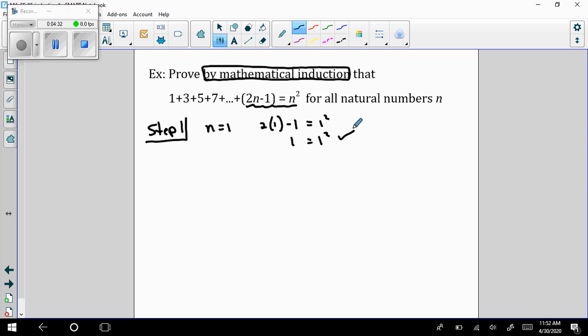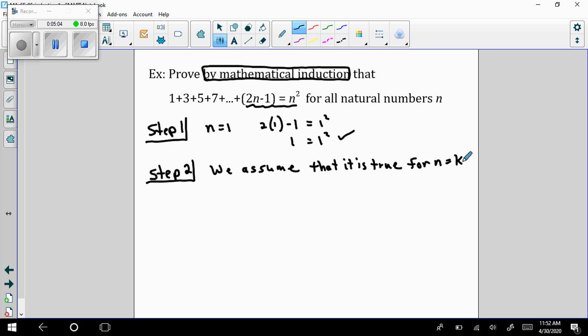So now I have to assume that it's true for n equal to any number k. So step 2, I have to assume that it's true for n equal to k.